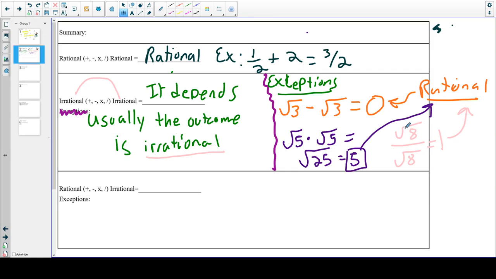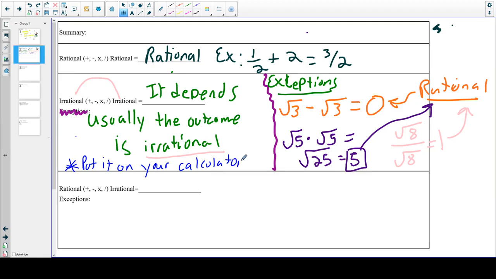However, sometimes it's not. So I'll be honest, the best way to do this is put a little star: put it on your calculator.